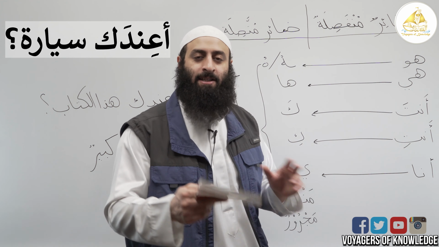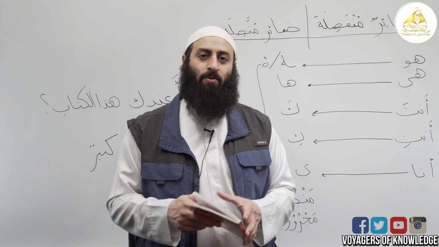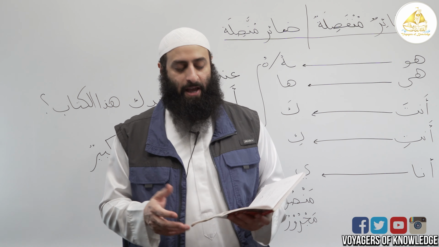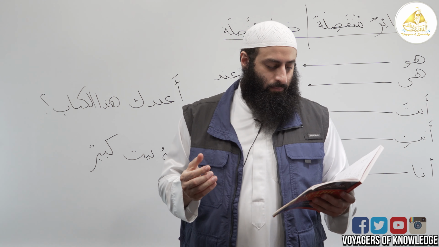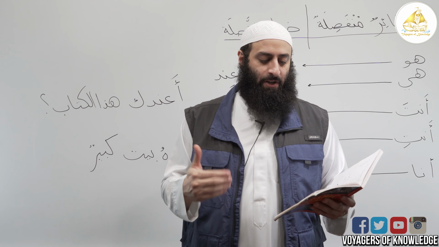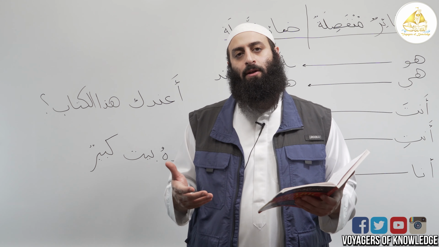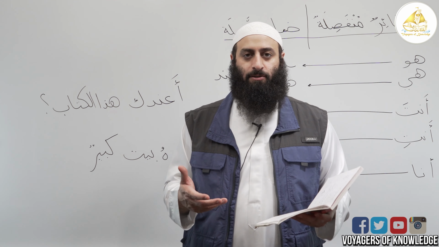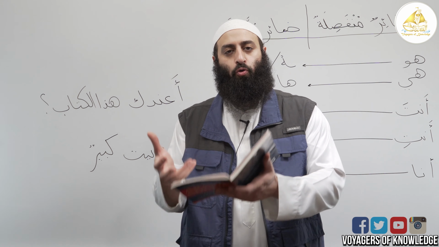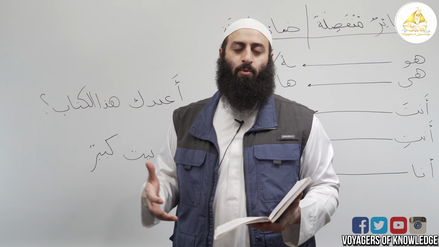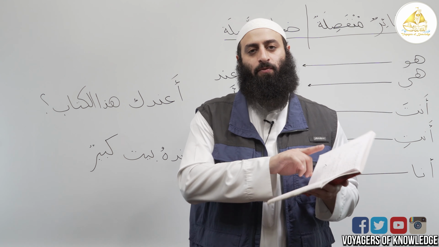You say عندي سيارة. Yeah, I have a car. All right? And that works, we said, for cars and non-intellectual things, right? Because it's more of like, you own one and you have one. Whereas brother, it's laka, is for like related.